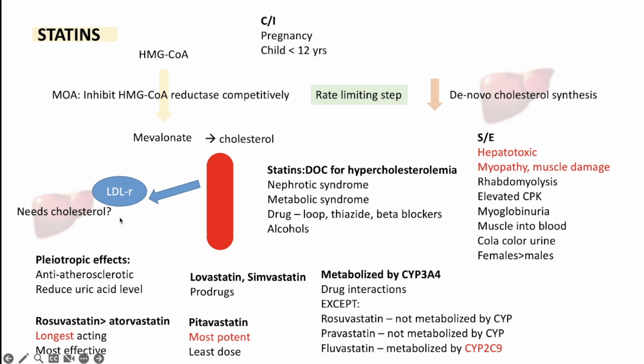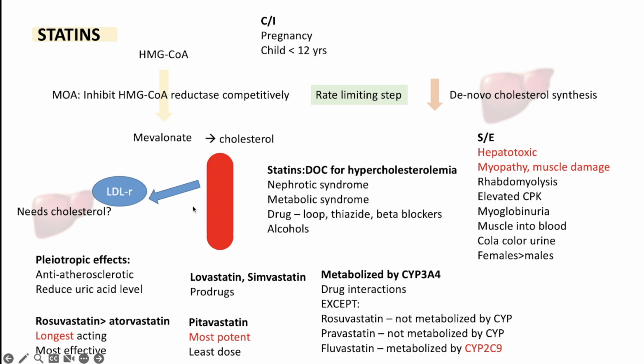Additionally, the liver also requires cholesterol. So when there is a need of cholesterol, the liver is going to increase the expression of LDL receptors on its surface, and these LDL receptors are going to attract the cholesterol in the blood. So the blood cholesterol will be transported into the liver. Thereby, what happens to the cholesterol levels in the blood?